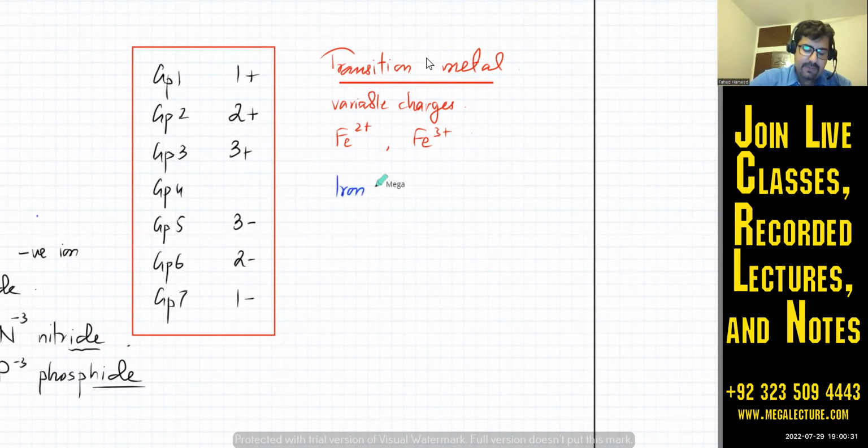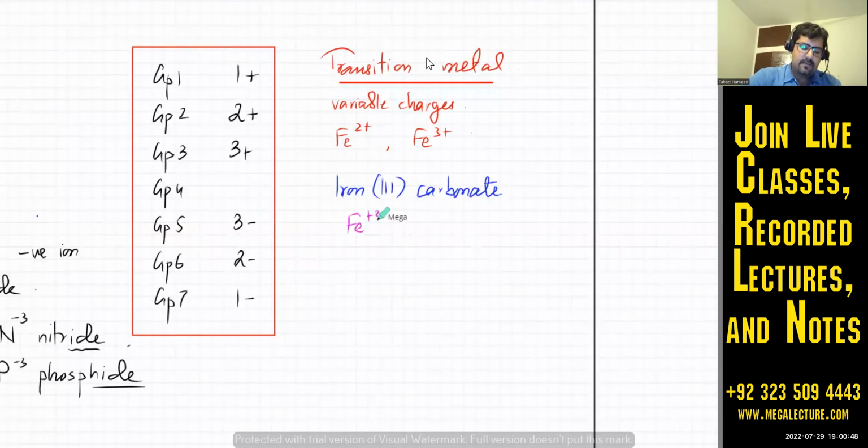Like they'll tell you it's iron(III) carbonate. So iron(III) means iron has a charge of +3, and carbonate is CO3 with a charge of -2.